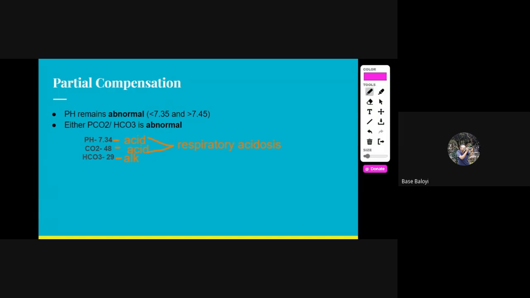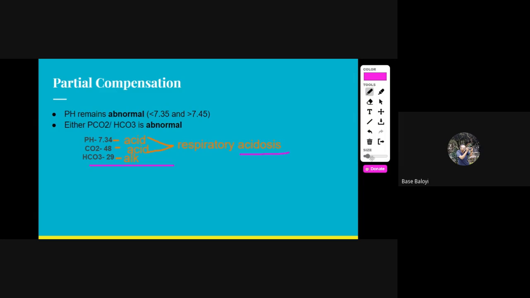Looking at the bicarb, remember, here we are acidotic, but the bicarb is doing the opposite. It's trying to pull away and be alkalotic, because the main aim here is that you want to neutralize the pH. So it's trying to do the opposite.